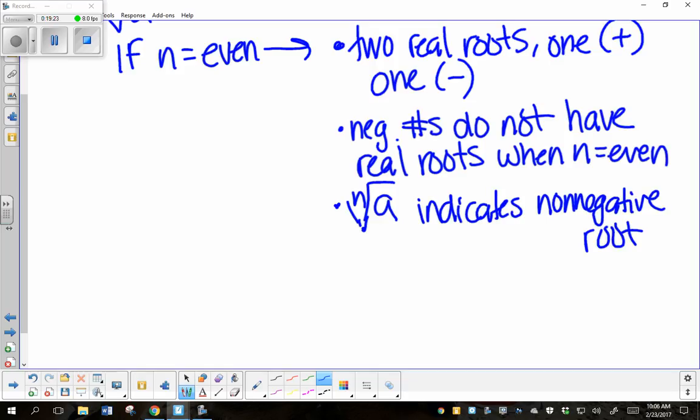We're saying that the nth root, if n is even, has 2 roots, but if we just see the symbol, we're only talking about the non-negative. That's kind of weird. It really does have 2 real roots, but if I ever ask you for something and all you see is the symbol, I only want the non-negative one. If I say, what are the 2 real roots of this number, then you'd have to give me the positive and the negative. All right, 1, 2, 3, 4, 5, 6 more examples.